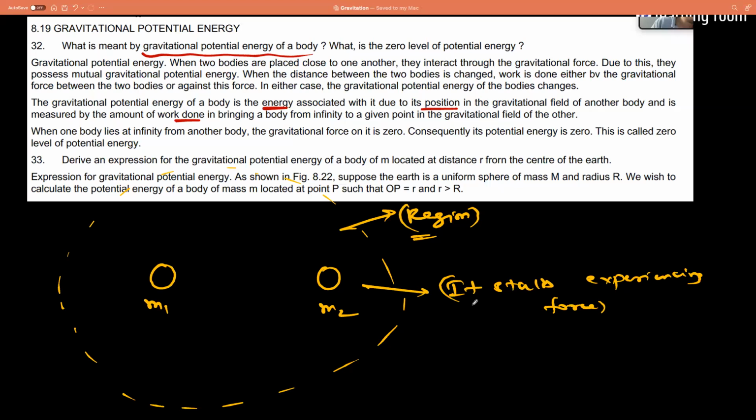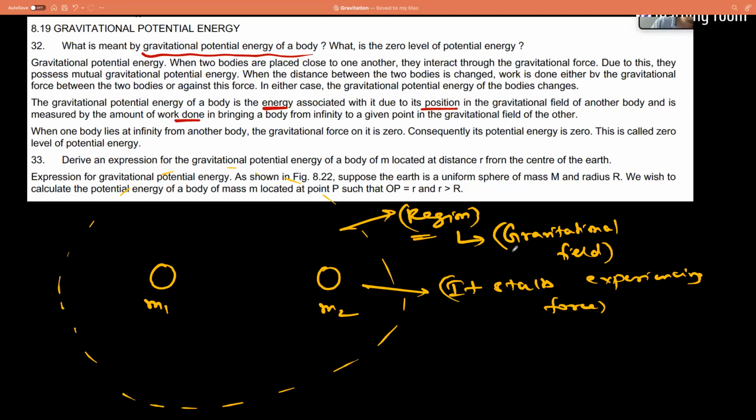The region in which the object starts experiencing force is what is called the gravitational field. So gravitational field is that region in which force is experienced by another mass that is placed.